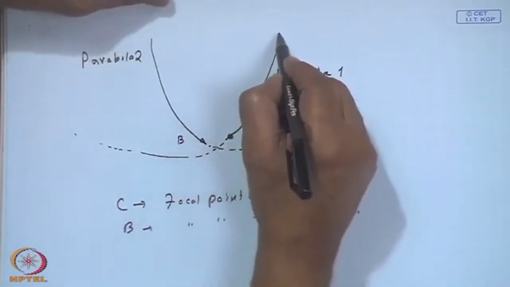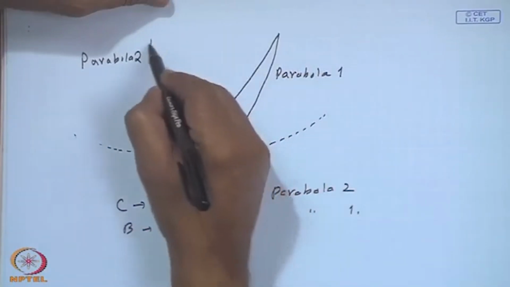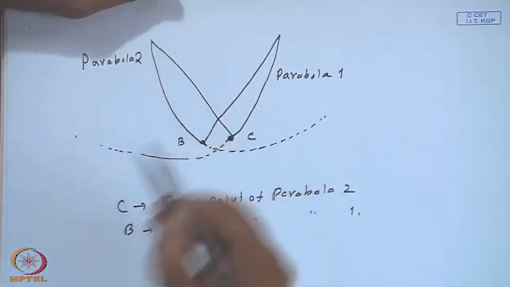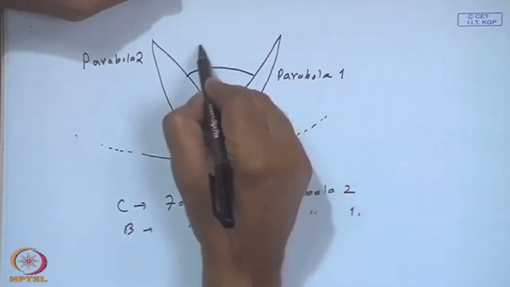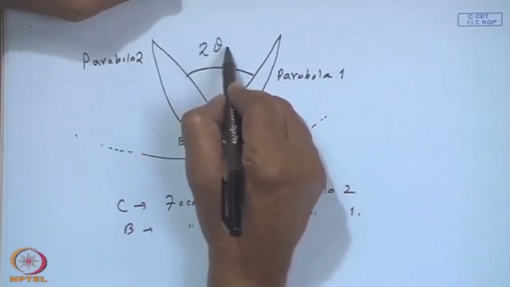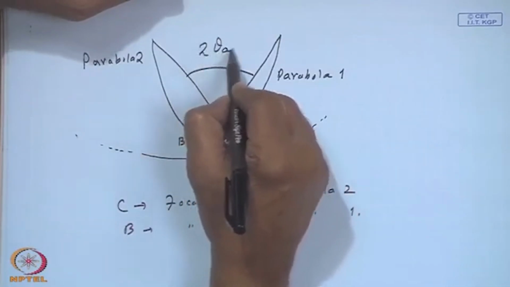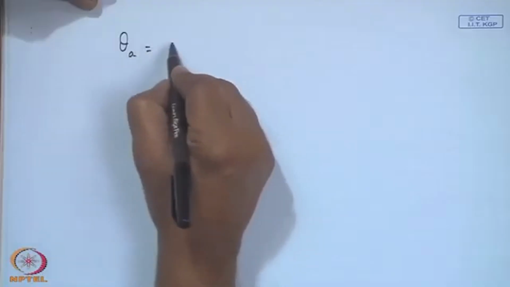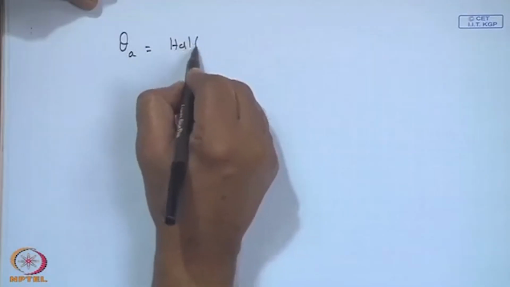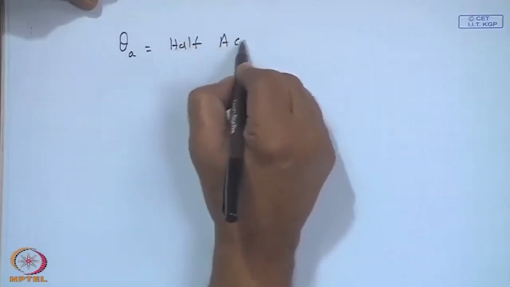And you define, if you cross join like this, 2 theta A, where theta A is the half acceptance angle.